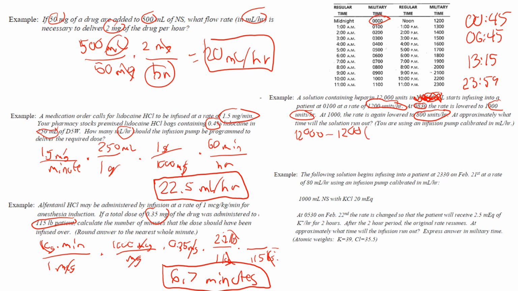So if we began at 1 a.m., 0100, and then we stopped that at 8:30 a.m., essentially we're doing 8:30 minus 100. Remember, since these are times, we're not looking at them like we're looking at kind of standard things. You need to remember they're still in intervals of 60 minutes. So this is essentially, if we were to do like, let's say this was 8 a.m. instead of 8:30 a.m., this would be 7 times 60 because that's 7 hours. And in this case, 7 times 60 is 420. But then we're going to add another 30 because of that 8:30. It's probably the easiest way to do this.